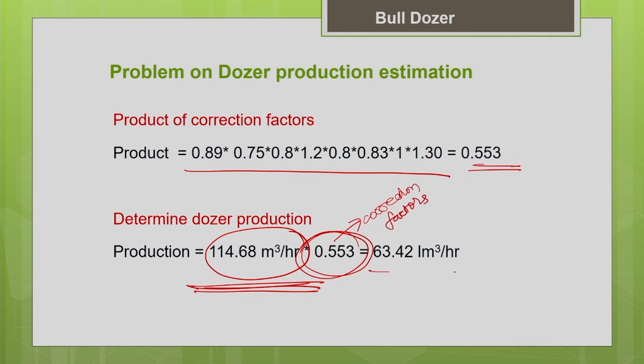That gives the corrected productivity value as 63.42 loose meter cube per hour. So hope you understand. For the ideal condition, the productivity is very high. But when you adjust it according to your project condition, you can see that the productivity got reduced significantly, 63.42 loose meter cube per hour.